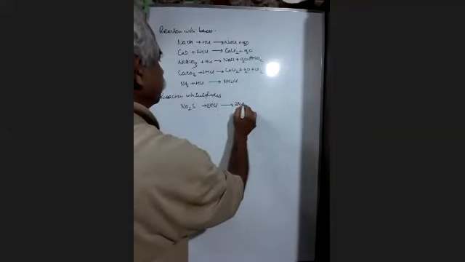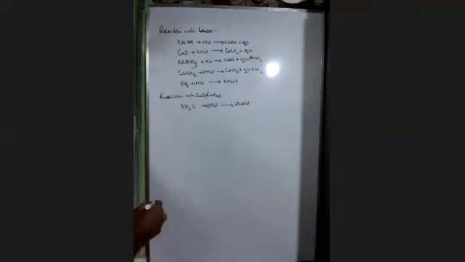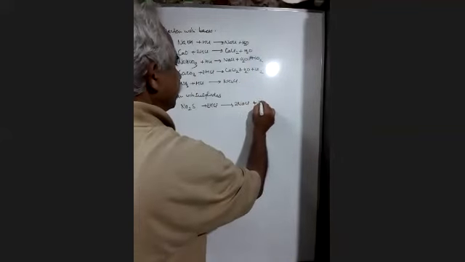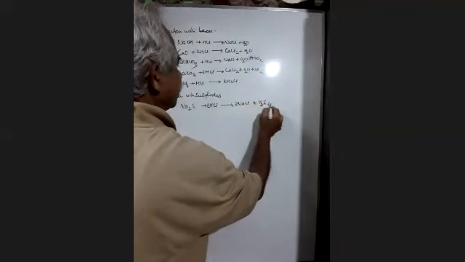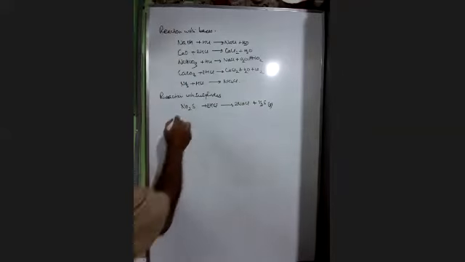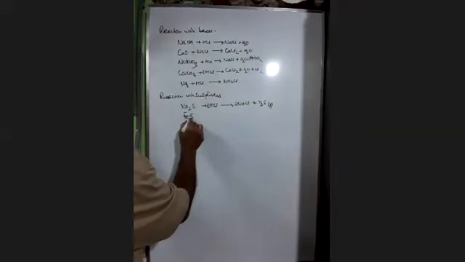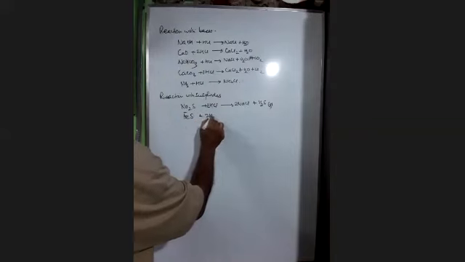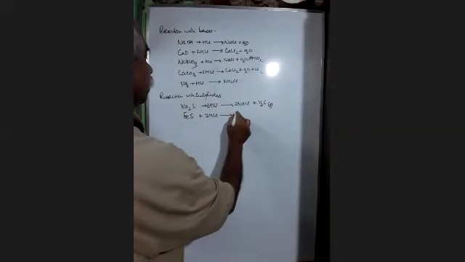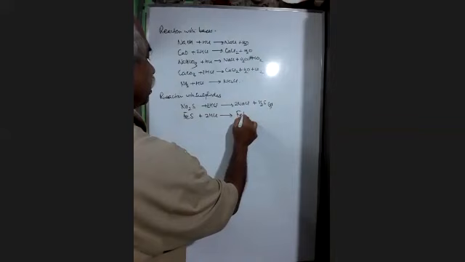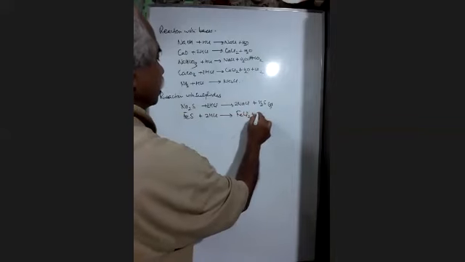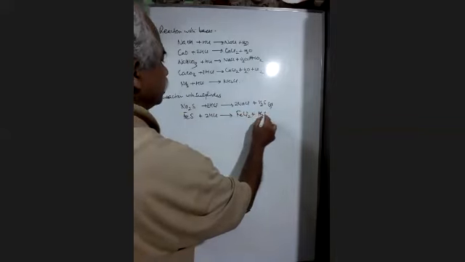It will form sodium chloride, and it is going to liberate H2S gas. Similarly, if you have taken ferrous sulfide and react with HCl, it will give you ferrous chloride and H2S.